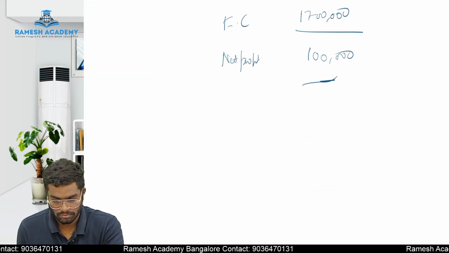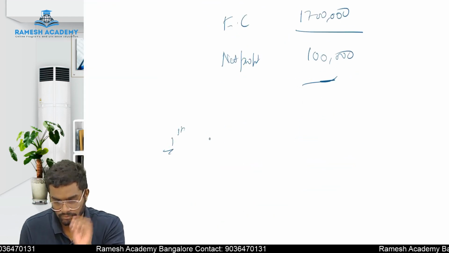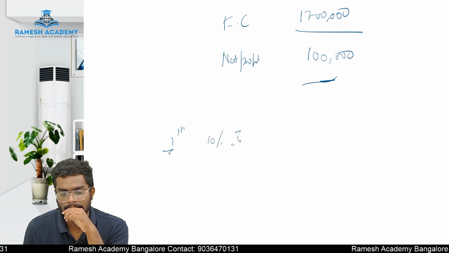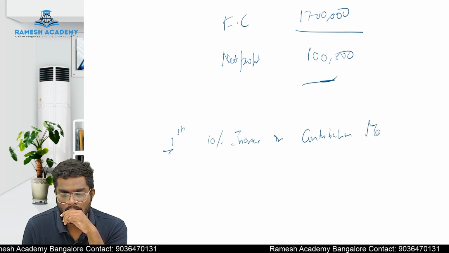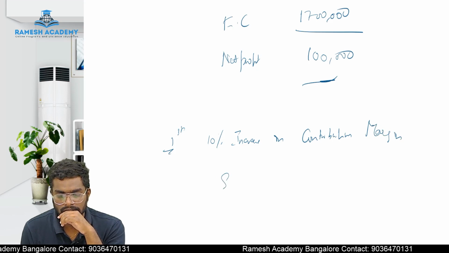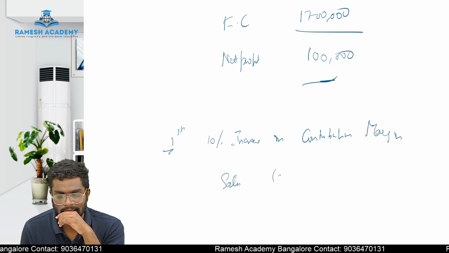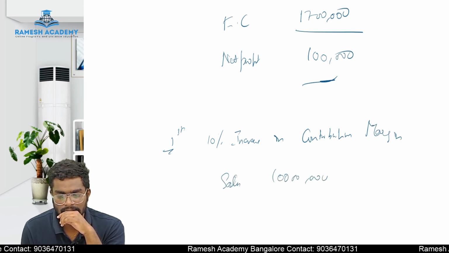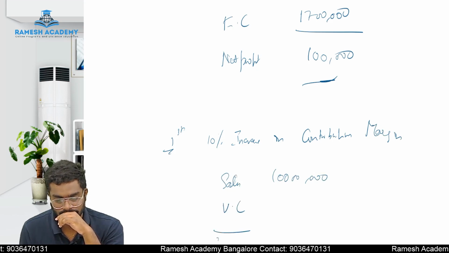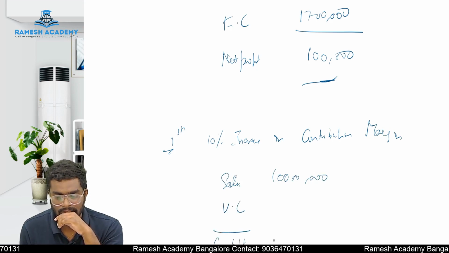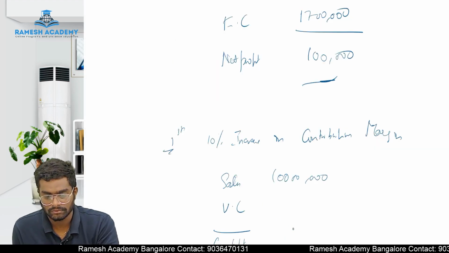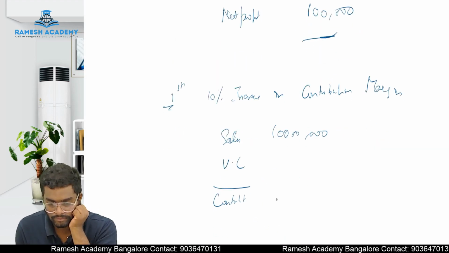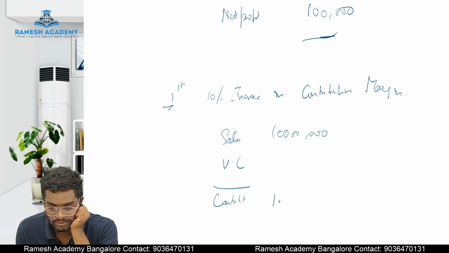So first scenario, 10% increase in contribution margin. Sales is constant, so I can't change it, 1 followed by 7 zeros. VC I have to check, but contribution increased by 10%. So 18 lakh plus 10%, it is 19 lakh 80.